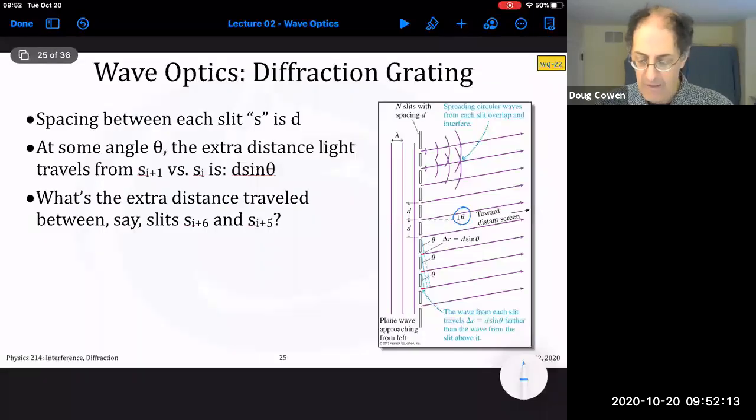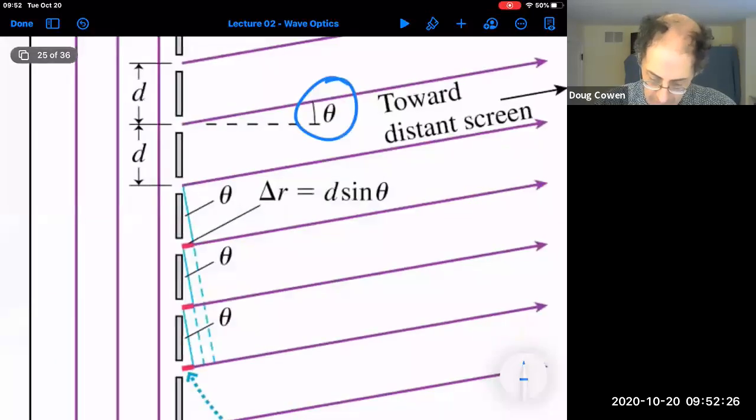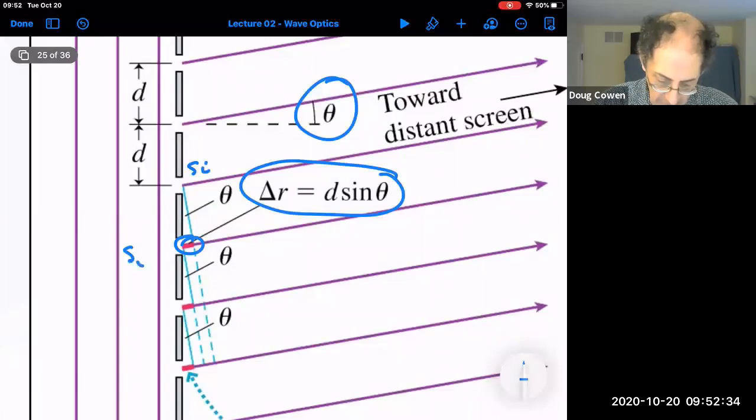At some angle theta, the extra distance that light travels from the i+1 slit versus the ith slit is d sine theta. So that's just shown right here, this extra distance. So here is the ith slit, and here is the i+1 slit.